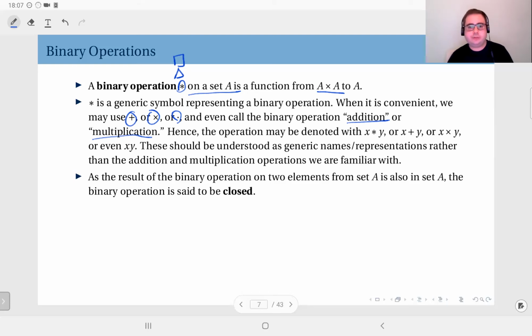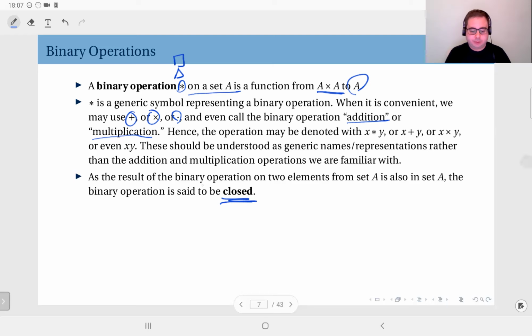But in a general sense, you can define the binary operation in any way you like, as long as it's closed. What does it mean? You take two elements in a certain order from this Cartesian product, and the result still must be in set A. That's what we mean by closed. So the result is still in the same set.